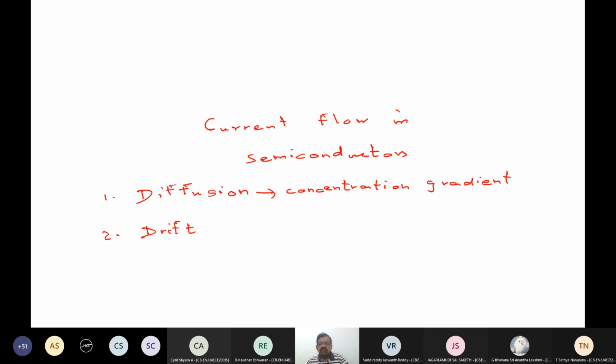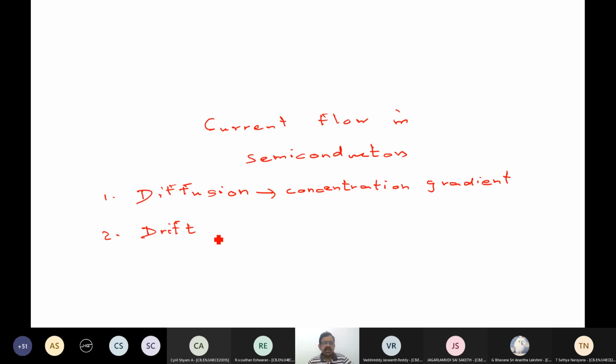Here we are talking about concentration gradient of the charge carriers. That constitutes diffusion. So the current that flows as a result of this concentration gradient of charge carriers is known as the diffusion current.